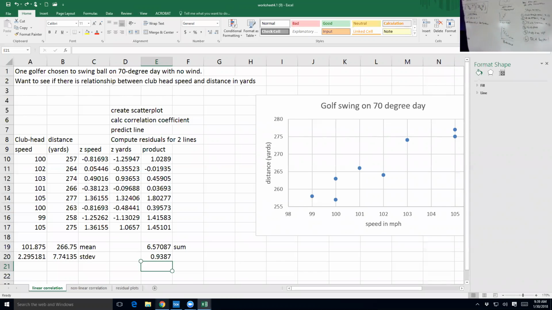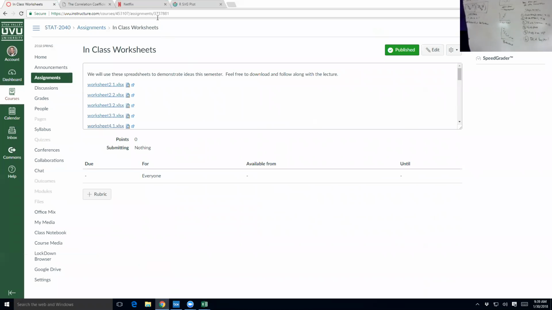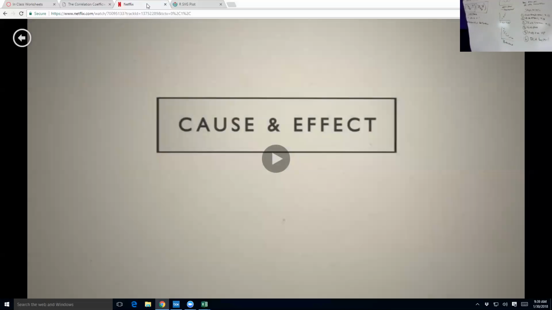Now, who wants to watch a movie? Okay, this is going to be a fun statistics movie. It's from the movie called Freakonomics. And here we go, cause and effect. Oh, actually, I'm going to stop sharing because I don't want to break any copyright laws. But this is from Freakonomics, the movie.